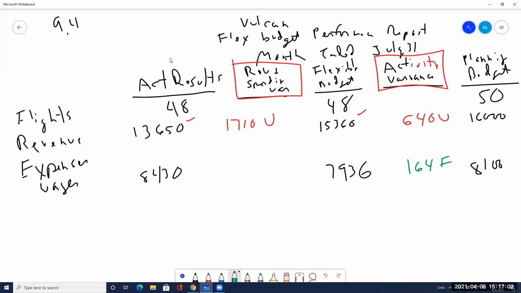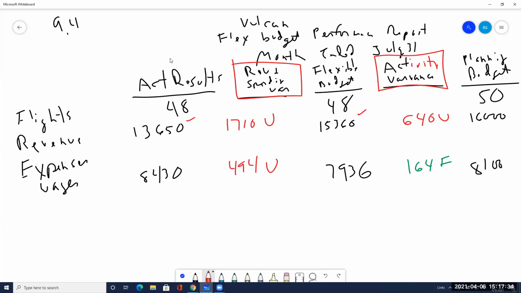But then notice our flexible budget is 7,936. We actually spent 8,430. So this is going to be unfavorable by 494, which brings up a good point. Just because our revenue and spending variance is favorable or unfavorable doesn't mean our activity variance is in the same direction.